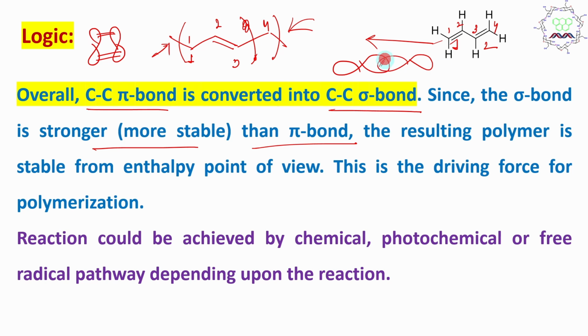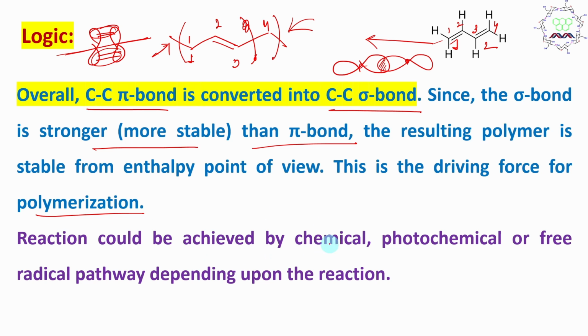So it's stronger because the electron density is exactly in between the two nuclei, so strongly attracted by both nuclei. Whereas in a pi bond, the electron density is just above and below the plane connecting the nuclei, so it's weakly attracted. So in this reaction I am producing a stronger bond than the pi bond, so that's why the reaction takes place. That's the driving force for this polymerization reaction.